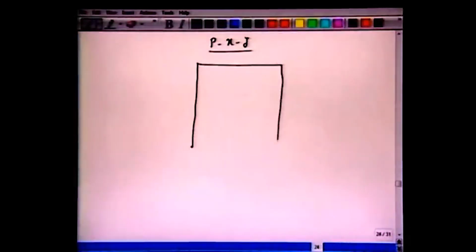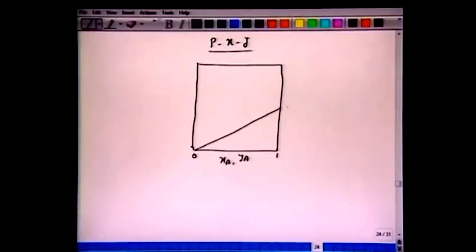And if you plot PXY, you will get this equilibrium curve like this. So now we have the same XA, YA, 0, 1. Now if we vary the mole fraction XA, then it's not difficult to show that the partial pressure of A will vary like this, and the partial pressure of B will vary like this. What we have plotted here is the partial pressure of A. So PA one can write as XA times the vapor pressure of A at any temperature.